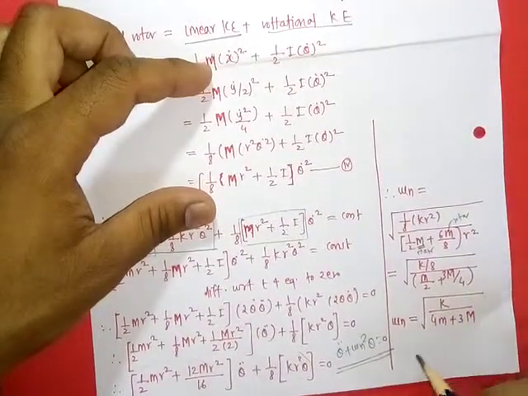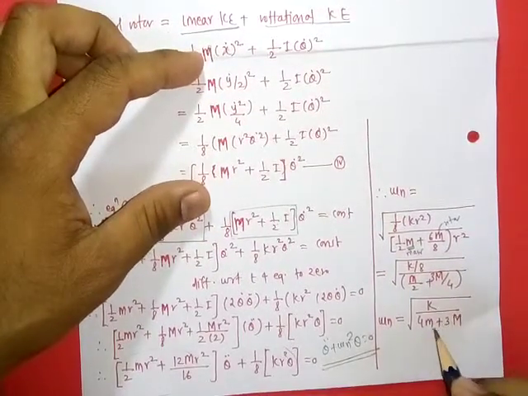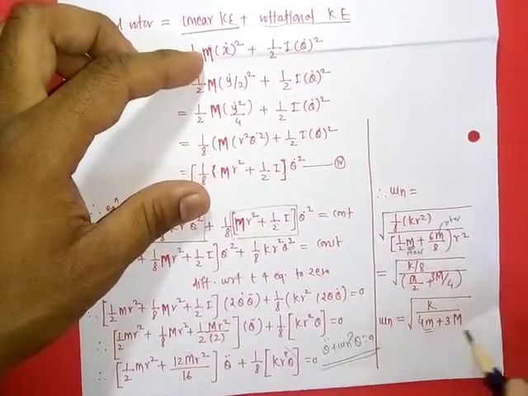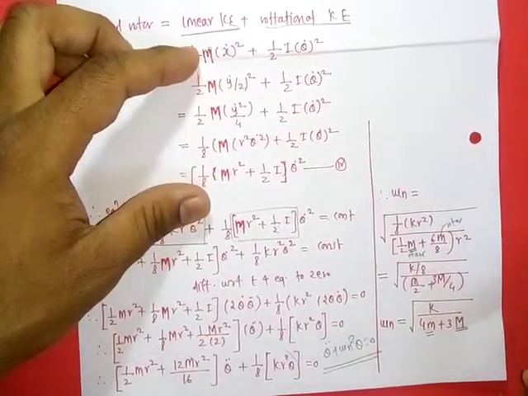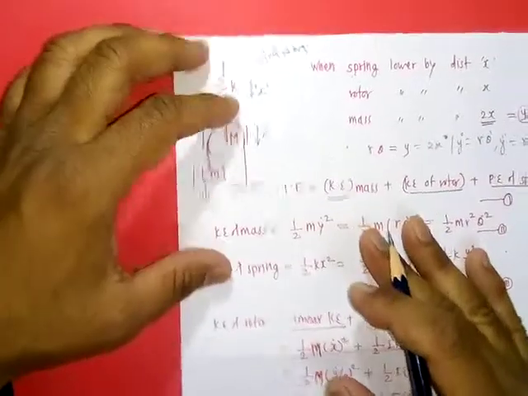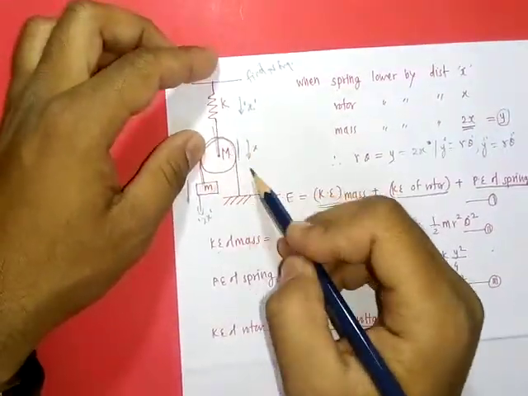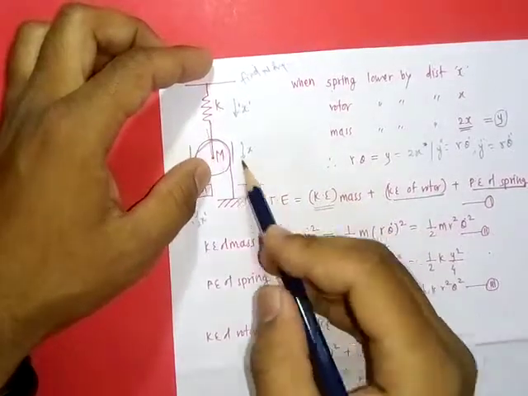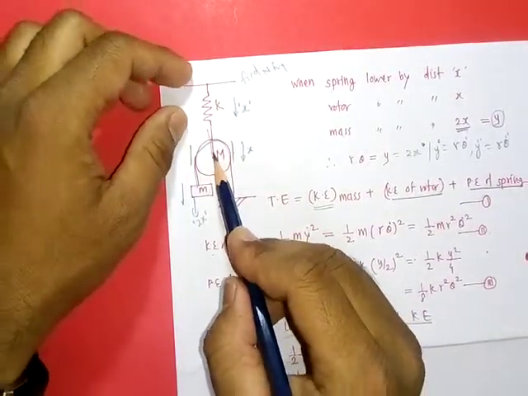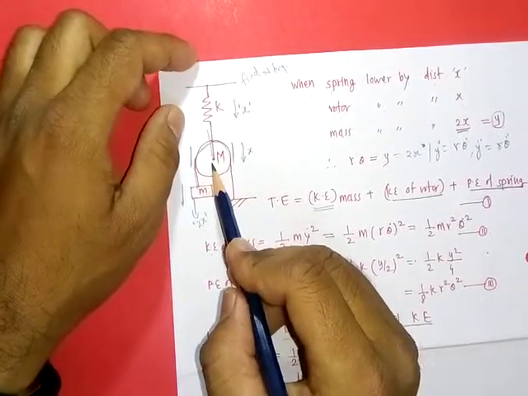Solving these terms, we get the final equation, omega n is equal to under root k upon 4m plus 3 capital M. This is the natural frequency of this arrangement. Remember, here the mass has both linear motion as well as angular motion.